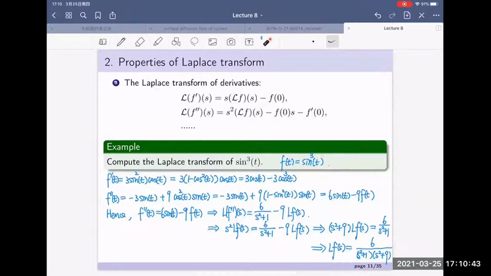Because the Laplace transform turns a double derivative into s squared, it's simpler to solve this equation for the Laplace transform of f, because there is no derivative now.